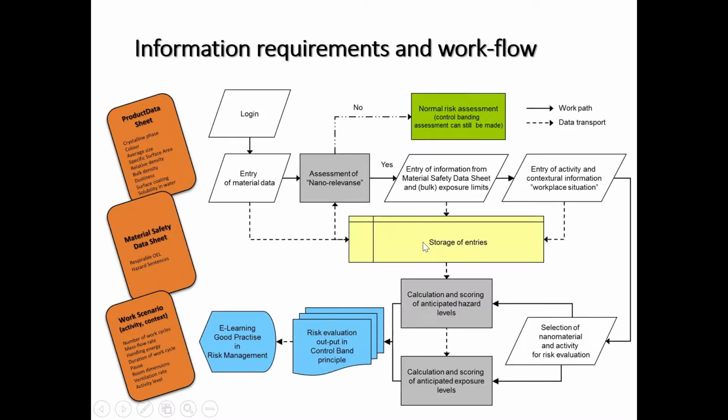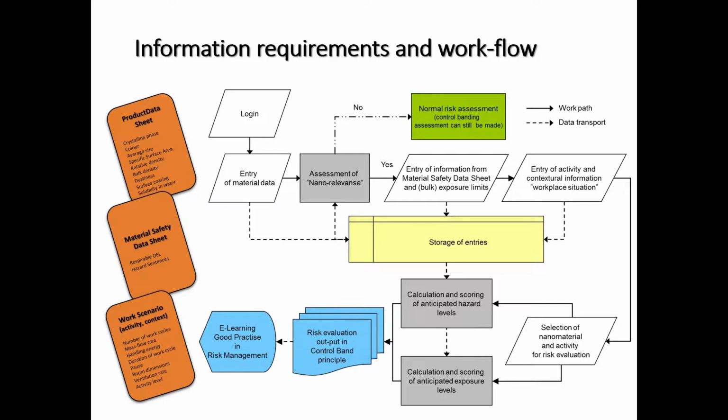So the workflow and information requirements to use this tool: we expect the users to have a product data sheet with key information about the material. We expect them to have a material safety data sheet, which is, of course, required in any case with chemicals.